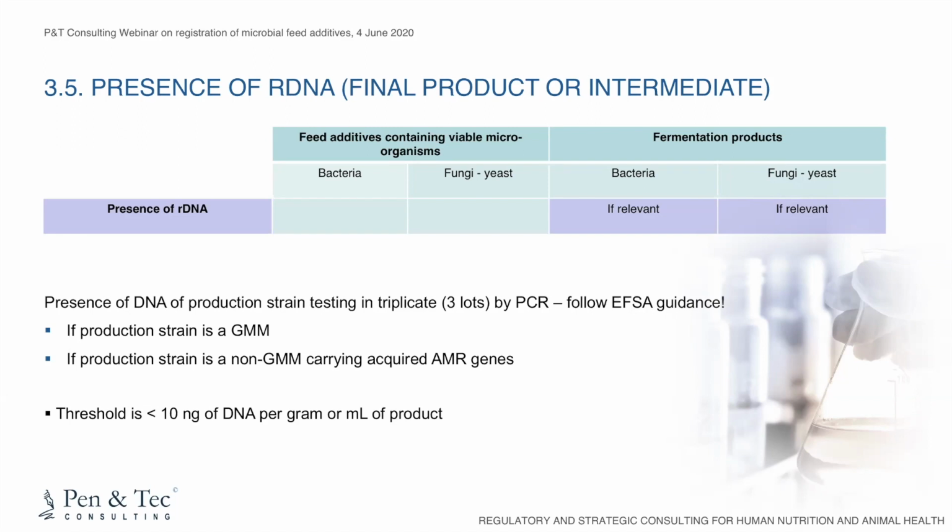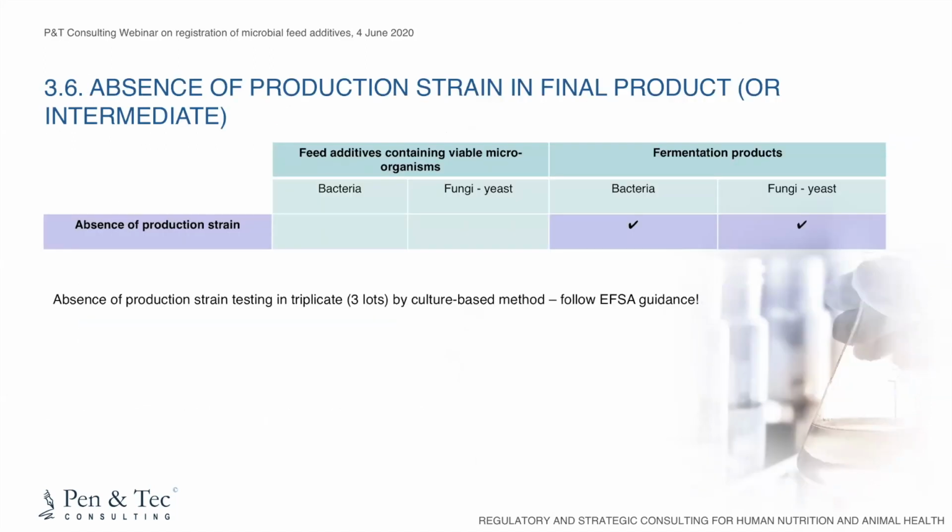The absence of the production strain in the final product must be analyzed for all feed additives produced by fermentation. The test can also be done in a more concentrated unformulated precursor, and then the results can be extrapolated provided that the test item is representative.